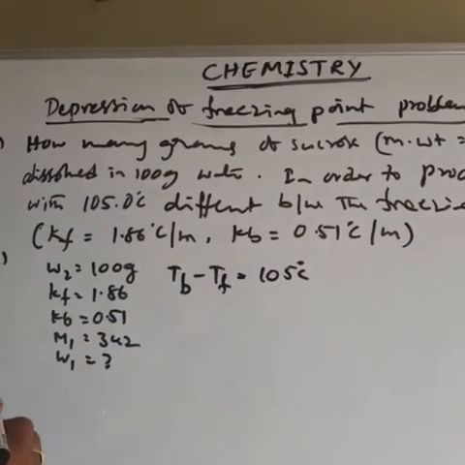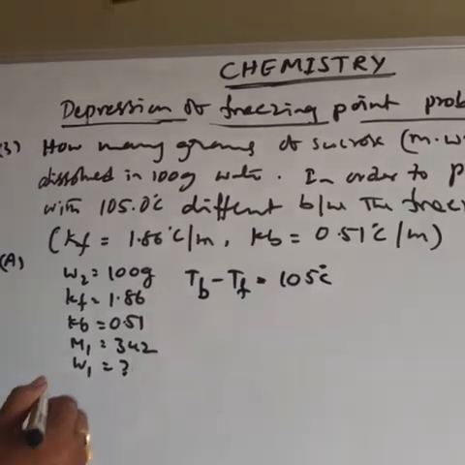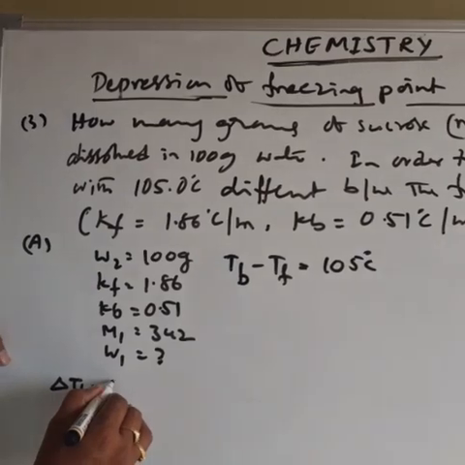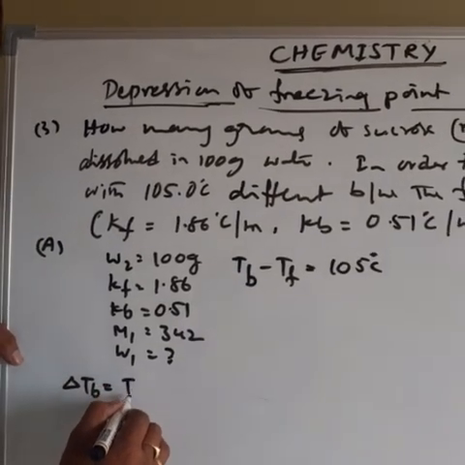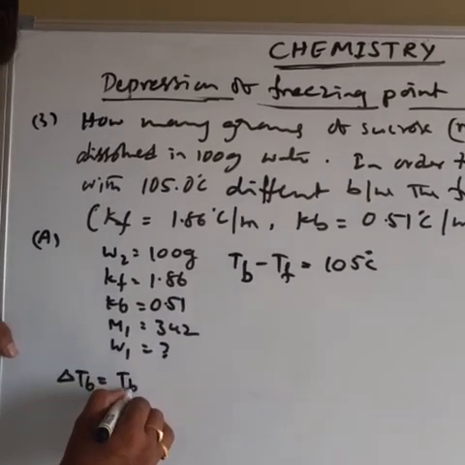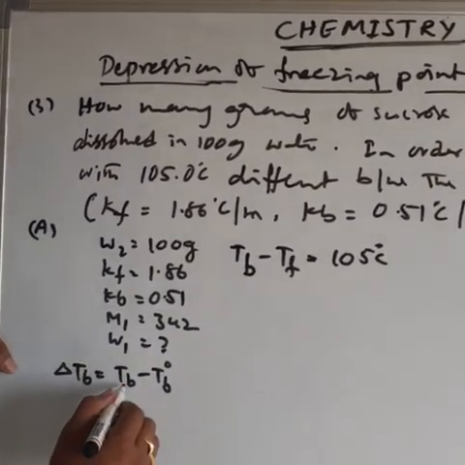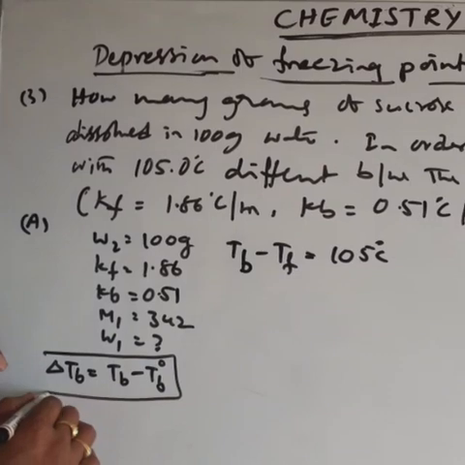Okay, from this one first we have to find out the TB value. So delta TB is equal to TB minus T naught B. Okay, you see here, this is one of the formula.